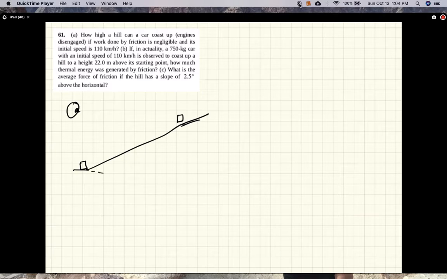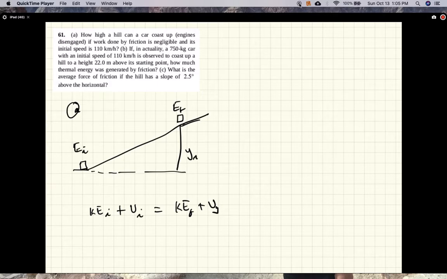If there's no friction present, energy is conserved, and kinetic energy initial plus gravitational potential energy initial is equal to final kinetic energy plus gravitational potential energy final. So this would be Y final, and Y initial is 0. So initial gravitational potential energy is 0.